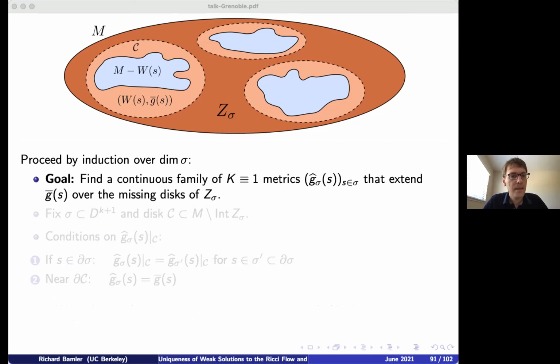The goal will now be to find, over every simplex, a continuous family of constant curvature metrics, let me call it G hat sigma S, where S is contained in sigma, that extend G bar S over the missing disks of the complement of Z sigma.